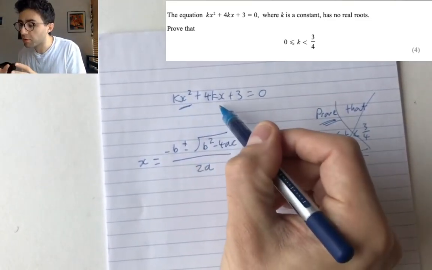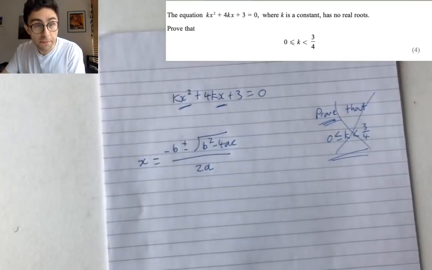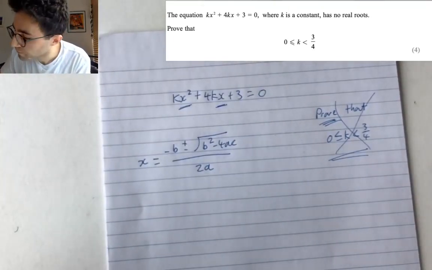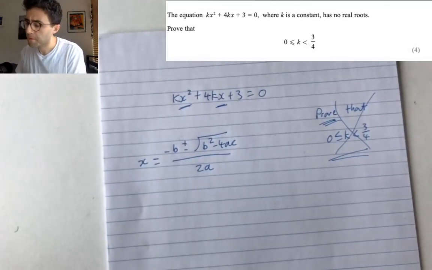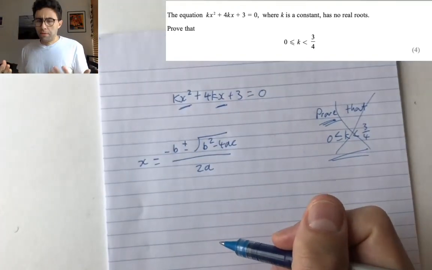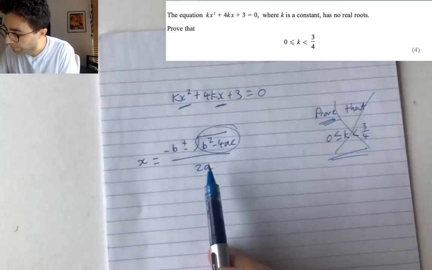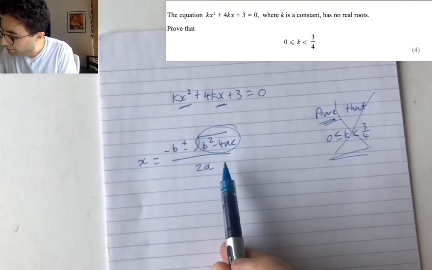What is the part of the quadratic equation which started to cause us problems as we go into AS level? It's this part. b squared minus 4ac. It's got a lovely name. Let's just write it out again here. Discriminant.